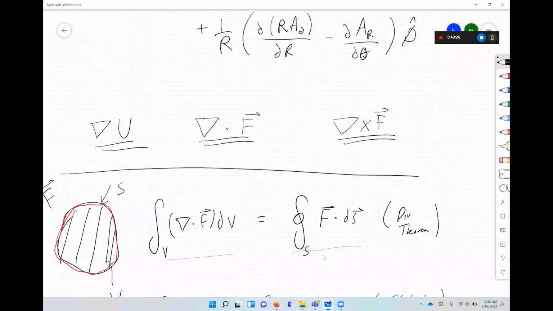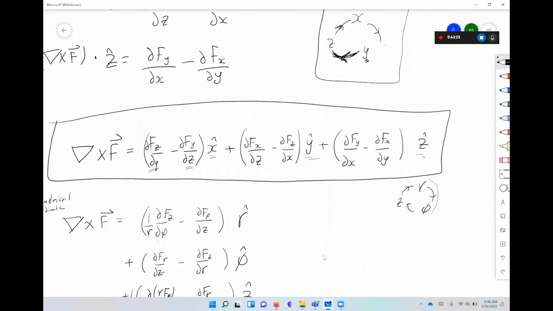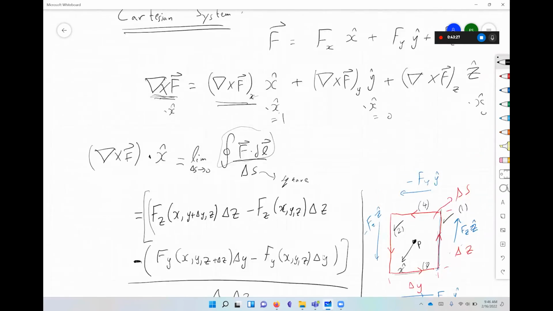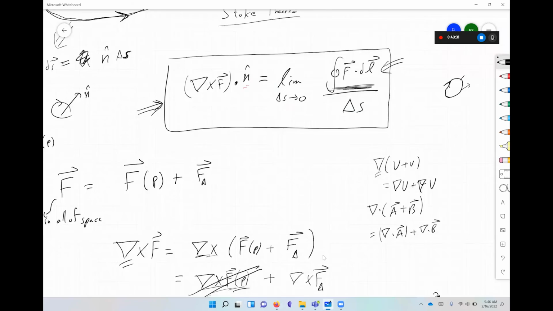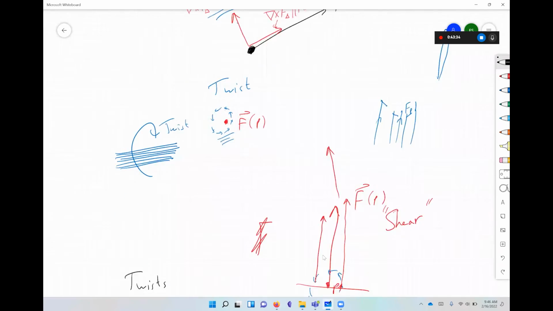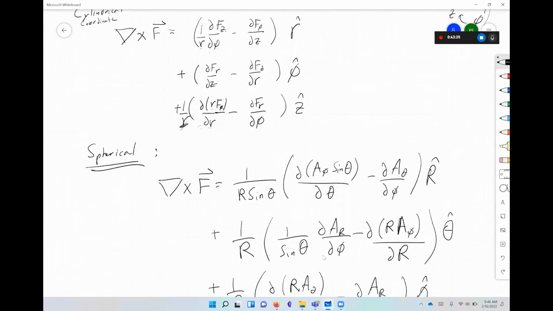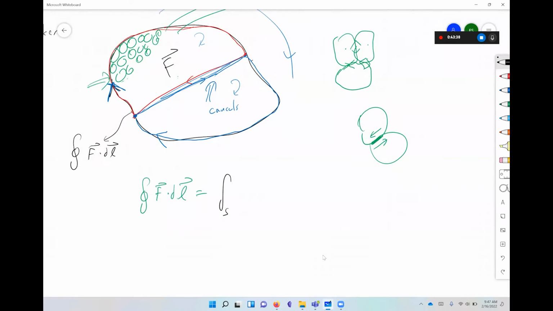From the definition, the curl is a tiny linear circulation. So it's obvious that this bigger outer integral is just the sum of those tiny circulations, curl F dot dS, over the whole surface.